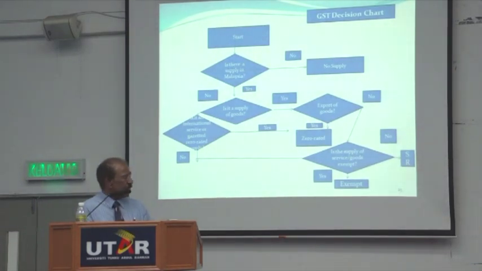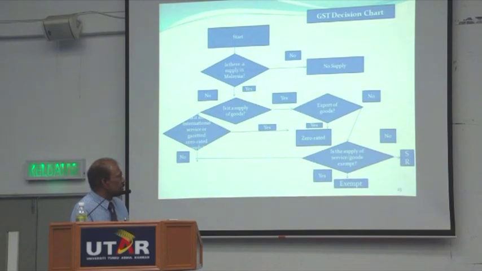Now this is a chart which unfortunately I'm not very good at flow charting. We're using this PowerPoint, so it doesn't give a very good image over here. So as you see there, we start asking questions. Is there a supply in Malaysia?